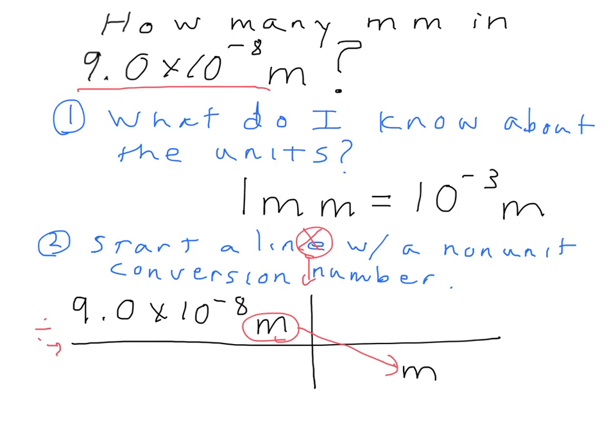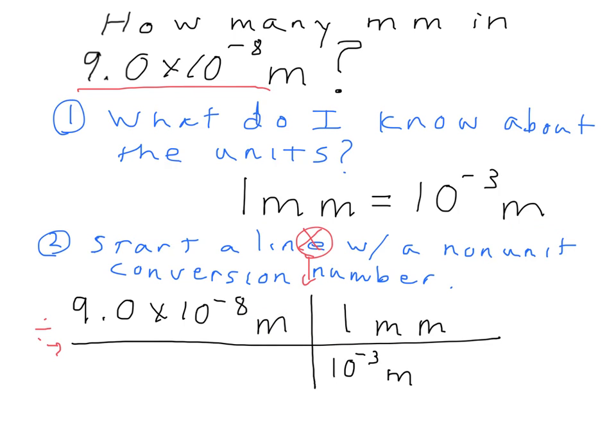What do I know about meters? I know that 1 millimeter equals 10 to the negative third meters. So I keep the numbers with their units, 1 millimeter, 10 to the negative third meters.